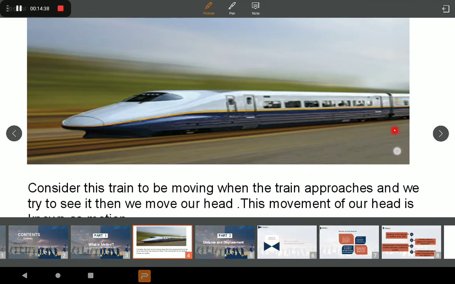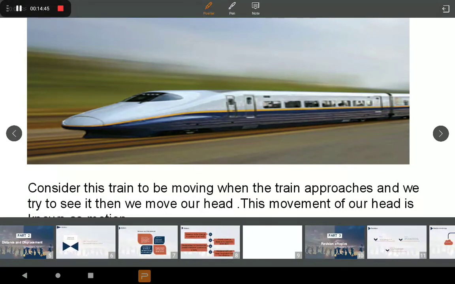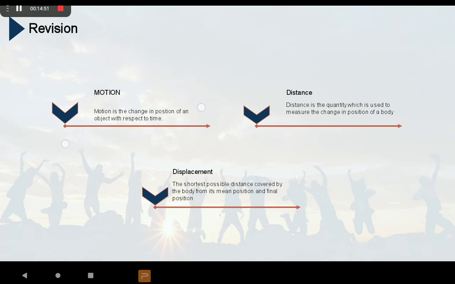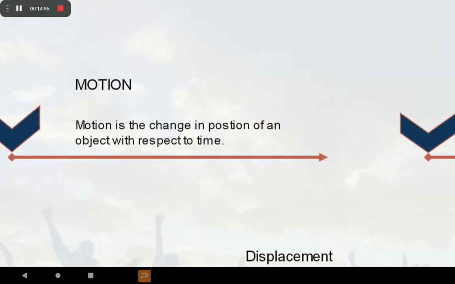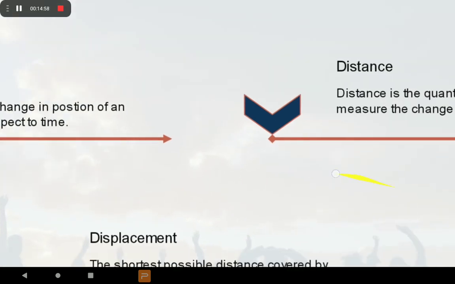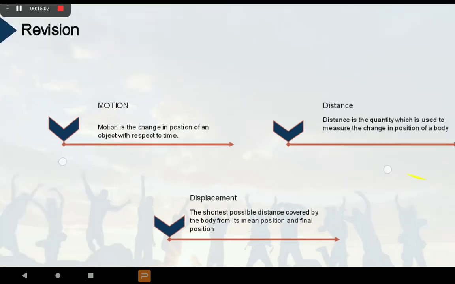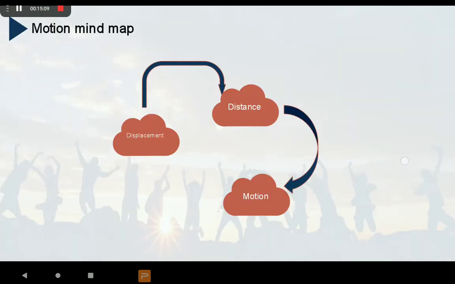I told you we are going to turn the head, which means we have done a motion here. So it is a motion. If you want to read this, you can pause and do it, and you can also take a screenshot if you want to.